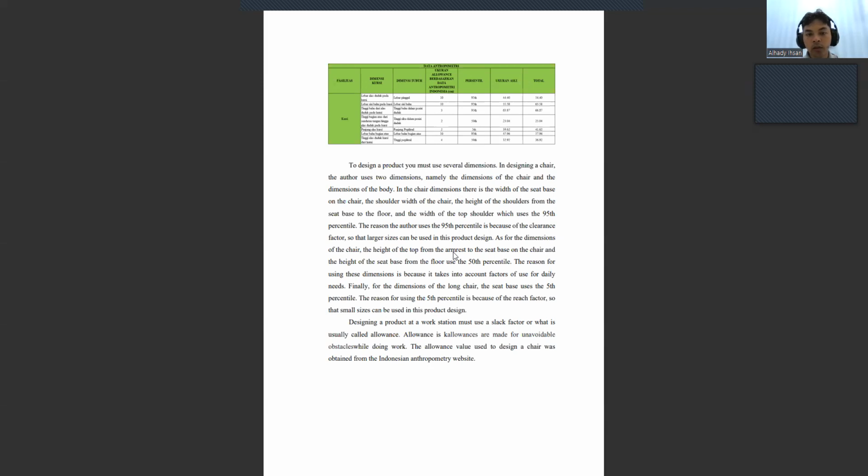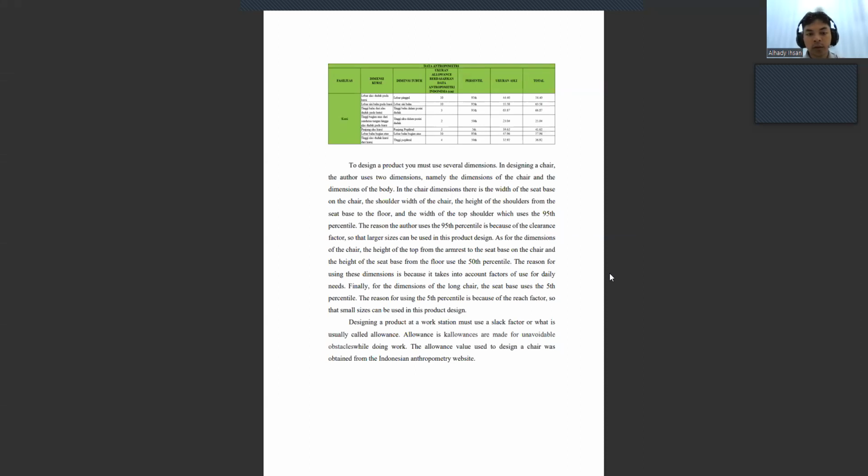The reason the author used the 95th percentile is because of the clearance factor, so that larger sizes can be used in this product design. As for the dimensions of the chair, the height of the top from the arms to the seat base on the chair and the height of the seat base from the floor use the fifth percentile.